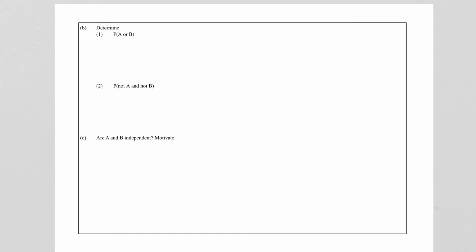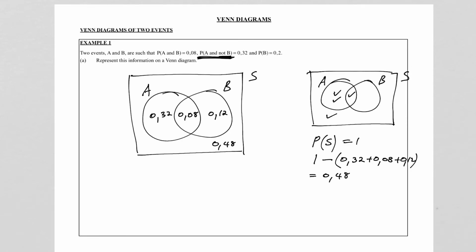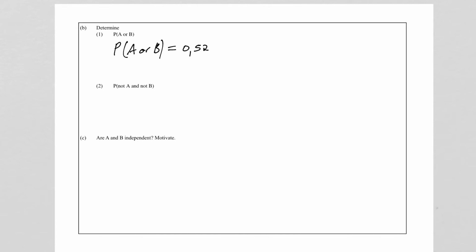And you will now agree that the probability of A or B will be equal to 0.52 because that is the sum of those three parts inside. If I just go back, this is now where we take this plus that, and that will give you that 0.52. So once you've got the Venn diagram, it's quite easy to answer these questions. So we've got the probability of A or B.